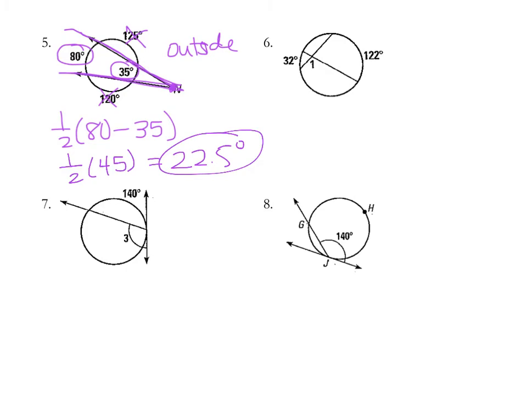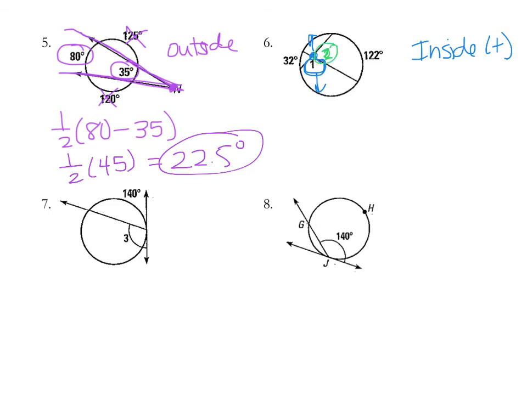Alright, the next one, first question again is, where is the vertex? The vertex this time is inside, so we're switching back to inside. Remember, for inside we actually add the 2 arcs together. But look at where angle 1 is. Angle 1, what the across arc and the vertical arc are missing. So we're actually going to have to find, I'm just going to call it angle 2 right now.